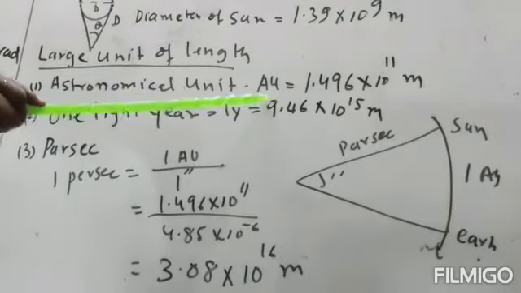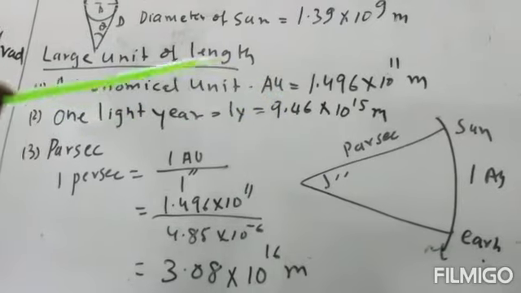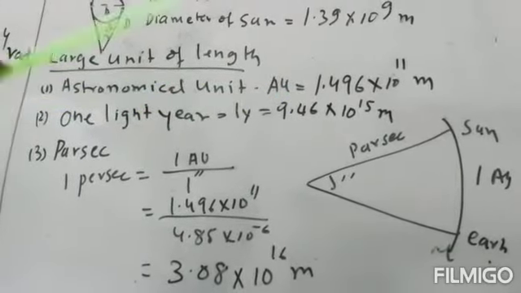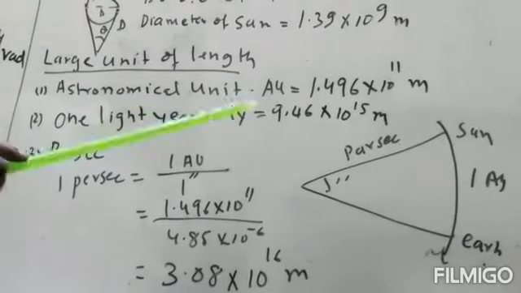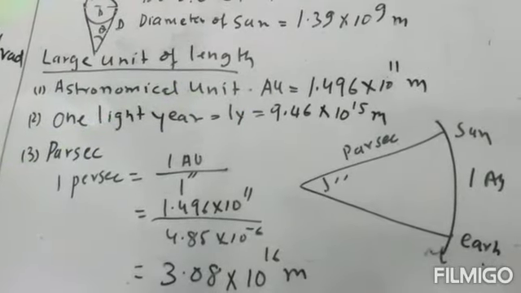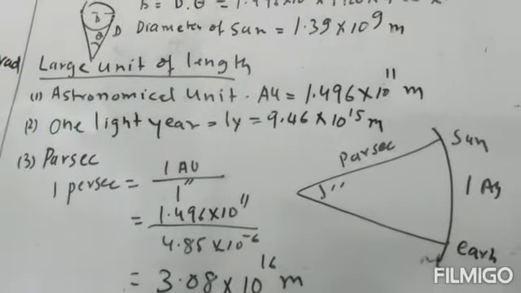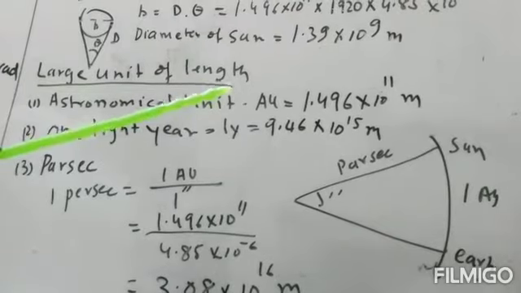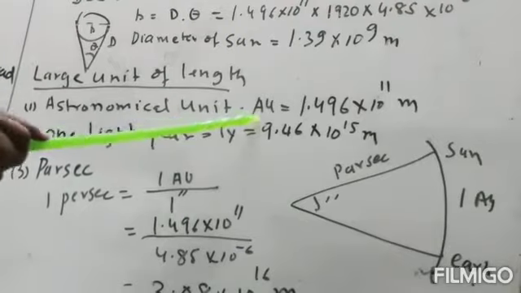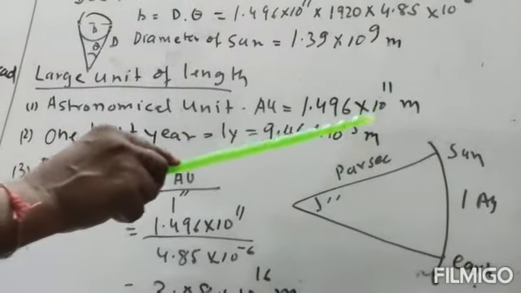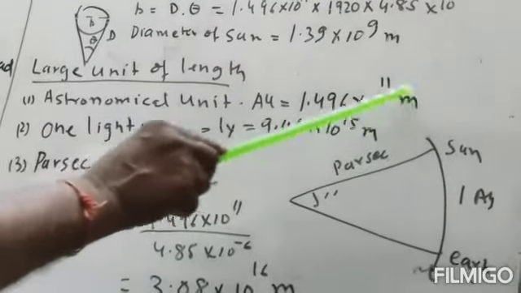Astronomical unit is the distance between earth and sun, or we can say it is the mean distance between earth and sun, because the distance between the earth and sun varies from place to place. So it will be equal to 1.49 into 10 raised to 11 meter. So this distance is known as one astronomical unit.